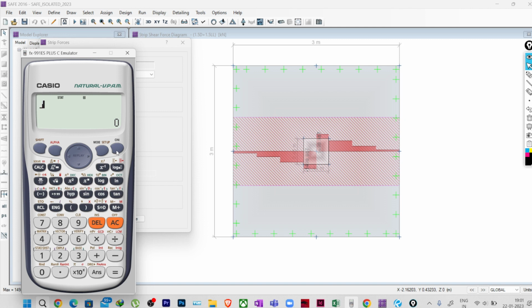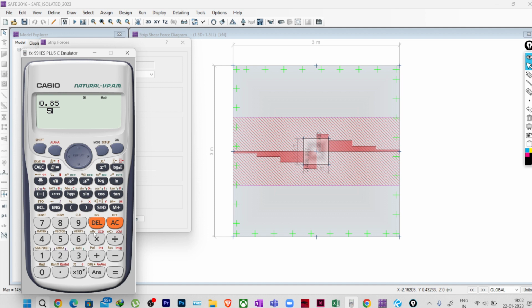Basically the formula was minimum area of reinforcement. Sorry, let me change the mode, I think I'm in stat mode. Okay, here what I was saying, minimum Ast, the formula was 0.85 by fy.